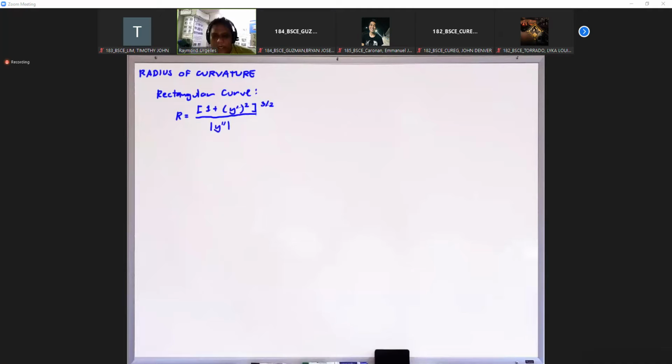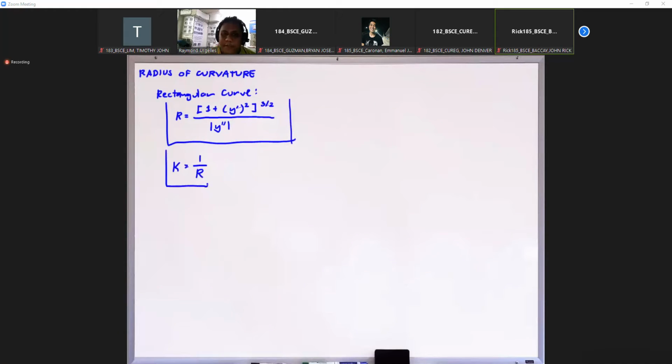May absolute value kasi dapat yung radius of curvature is positive. Pag ang tinatanong sa atin is the curvature, which is denoted by K, i-reciprocal lang natin yung radius of curvature. So ito yung tinatawag natin curvature.